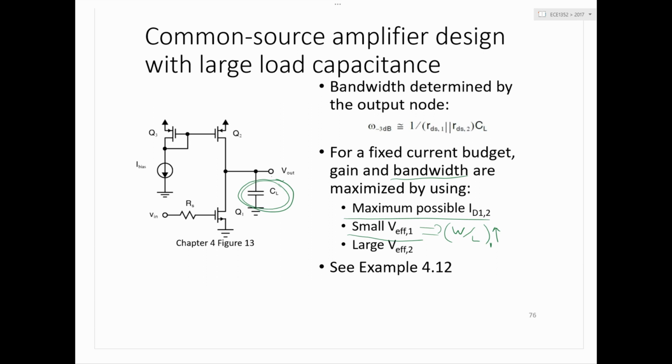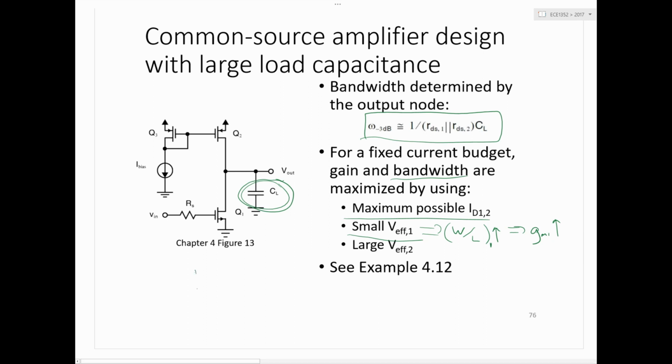Instead, what you get in exchange for that, for the same current, as we know from our previous discussions, is more GM. So if GM1 goes up, that's going to give you more gain. It's not quite clear, perhaps yet, how that turns into more bandwidth. It doesn't directly impact the 3dB bandwidth of the circuit, but what it does improve is the unity gain bandwidth of the circuit.